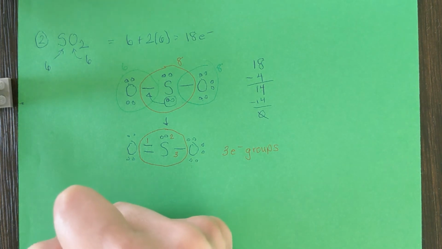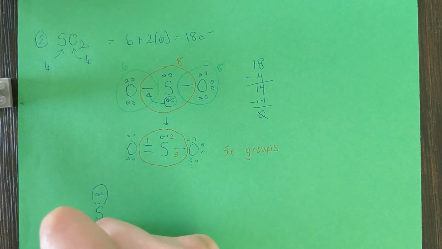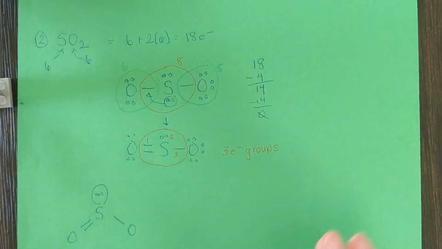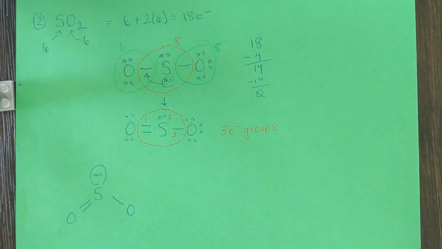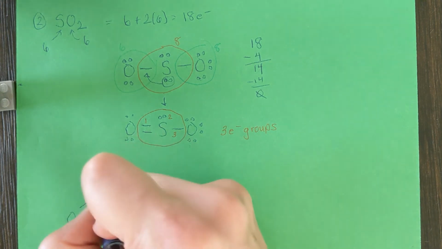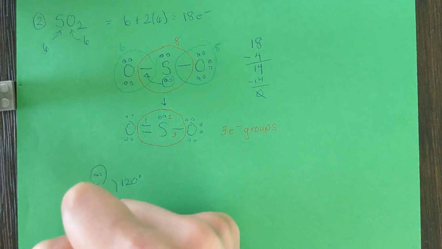So if I were to draw that, I would have my sulfur, I would have my lone pair, I would have my double bond to oxygen, and I would have my single bond to oxygen. So if I were to again draw this, putting all of my electron groups in there, I have the 1, 2, 3, the trigonal planar shape with approximately 120 degree bond angles.